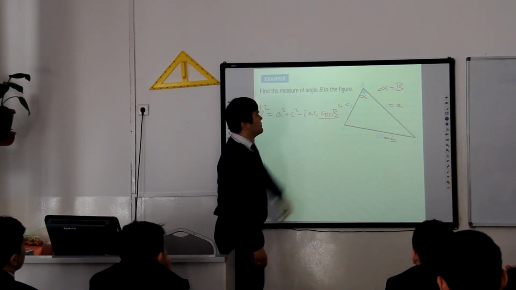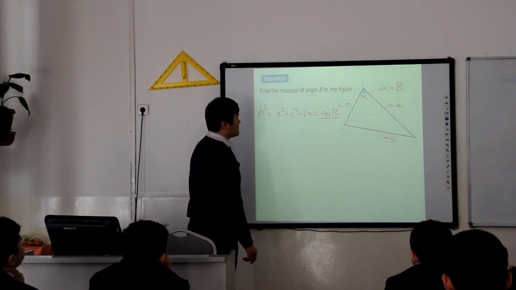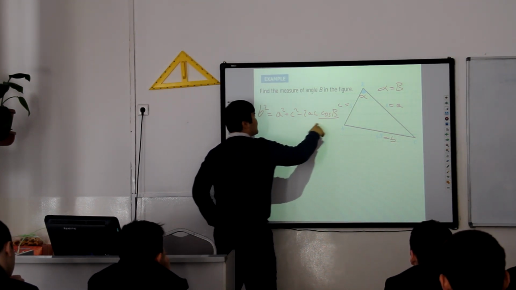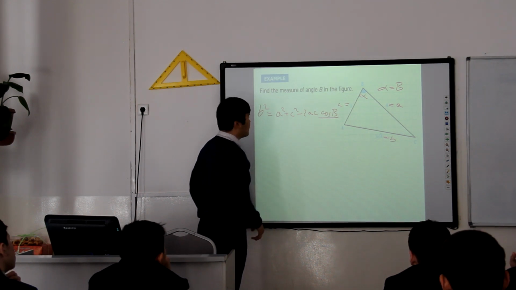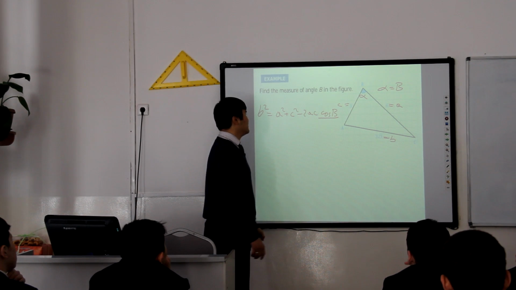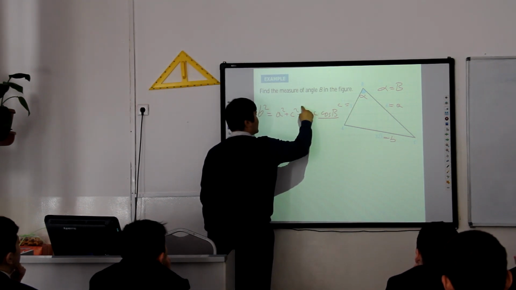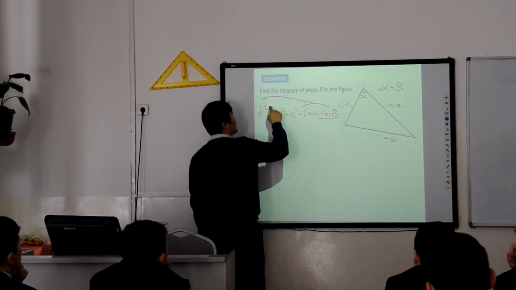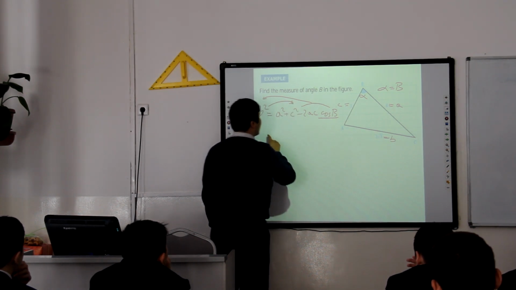Here is cosine B. Now let's leave this cosine alone. To do that, I take this to the left side and move the other to the right side.